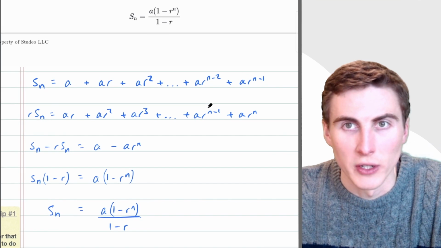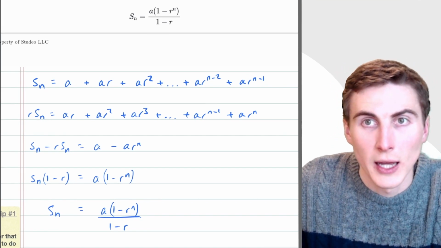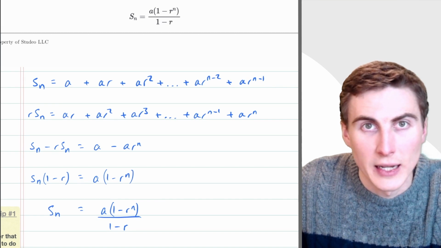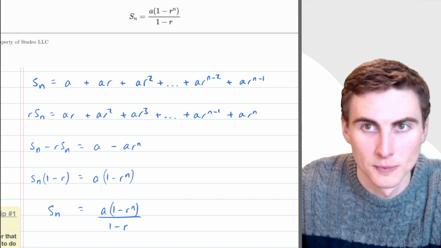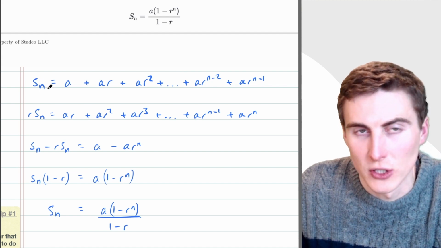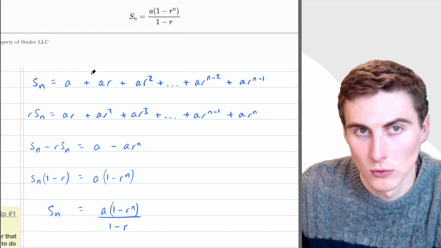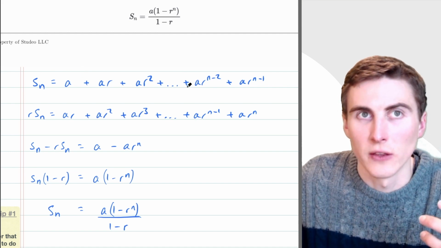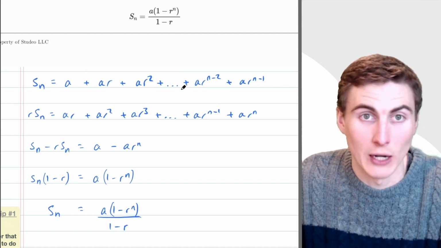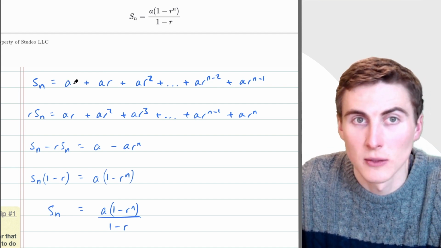So if I scroll down here, I've already written out all of the steps, and I'm just going to try and explain why they are the way they are. The first line here is just writing out the sum. So the sum of the first n terms is all of these things, and you're just writing out the terms in algebra. The first term is a, that's literally what a means.